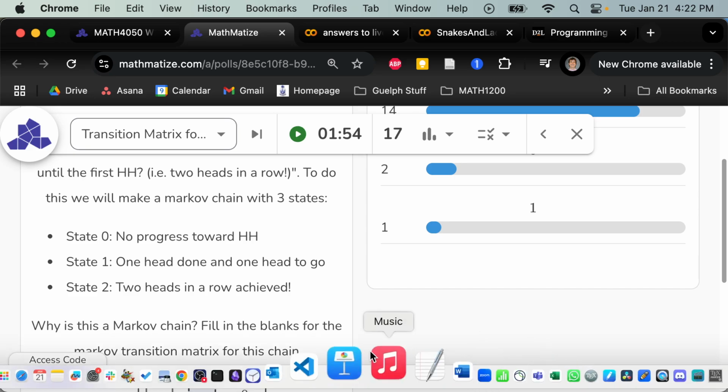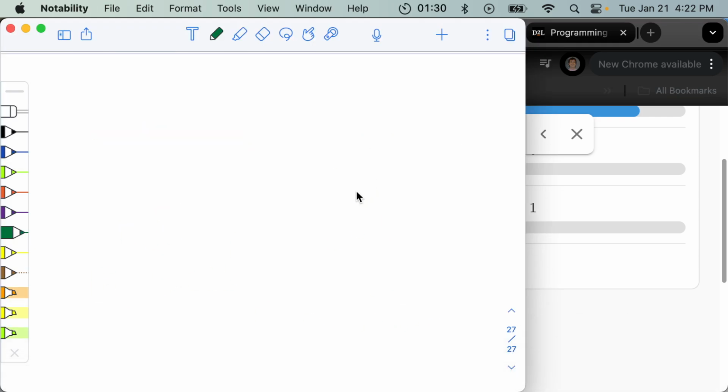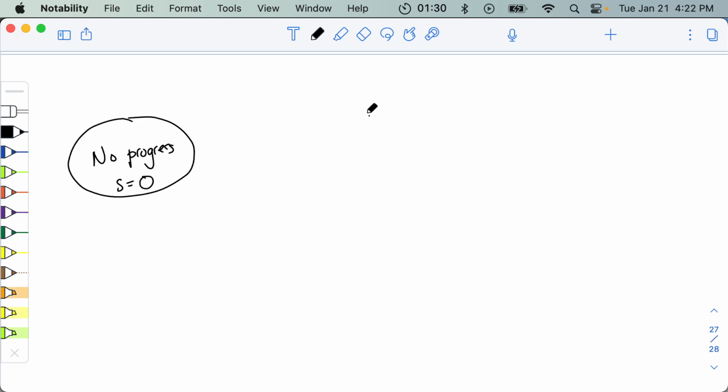Let's draw this out. This is a nice way to represent some Markov chains that we haven't done yet, which is to draw them as a little graph. So I'm going to draw no progress, which is a big blob over here. That's the state S equals 0. And then there's 1 progress, which is S equals 1.